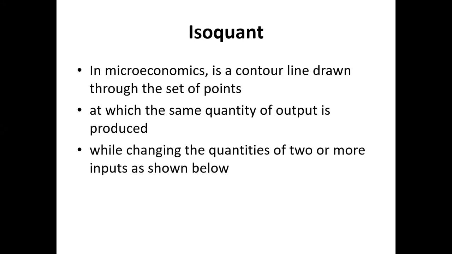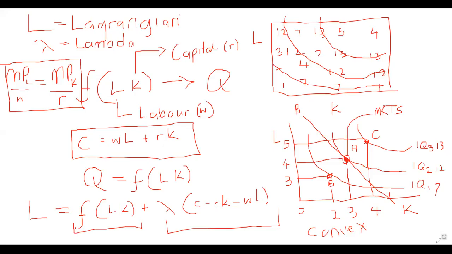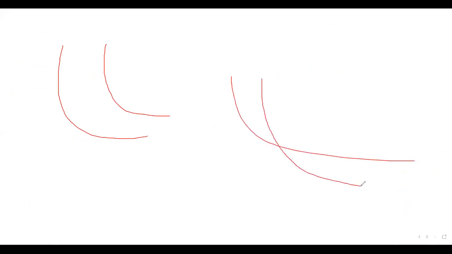So they are actually contour lines which... Sorry, I have a question. Yes, please. Yes, they said two isoquants do not intersect. What was the reason? So the two isoquants, what they mean that they do not intersect, they're parallel. They can never be like this, because we have already said that they're convex.